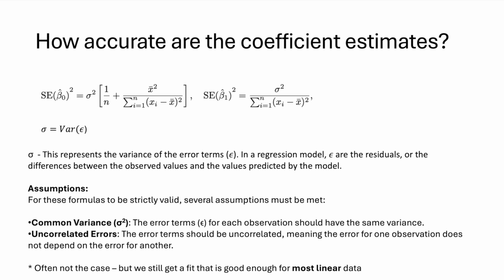To interpret this equation, a larger spread in x allows for more accurate estimation of the slope, because it provides more information about the relationship between x and y. Let's take, for example, if you just have two data points and you draw a line through them, and that's your model. Basically, you just have two observations. Then the slope of that line would be very steep.